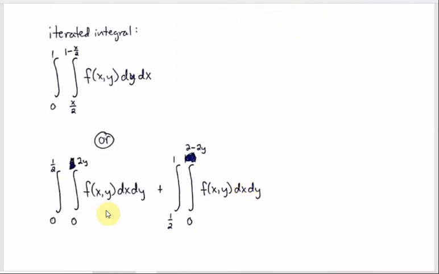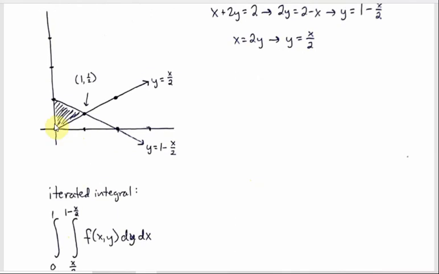So my first piece is the lower part, because notice I've got the y values going from 0 to 1/2. And there, when you go left to right, the left side is x equals 0, but the right side is x equals 2y. When you're in the bottom half, between 0 and 1/2 in terms of the y values, that's the thing that's on the right.